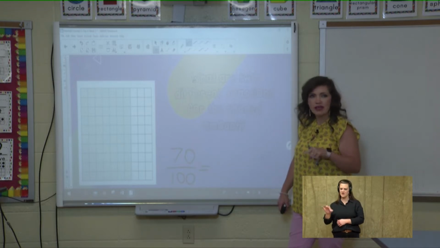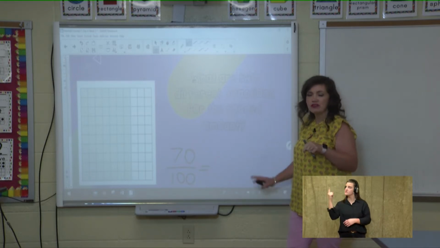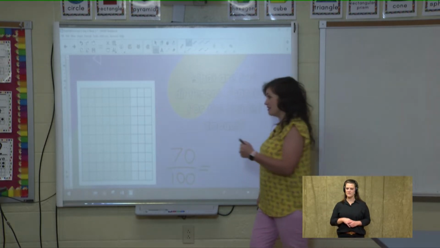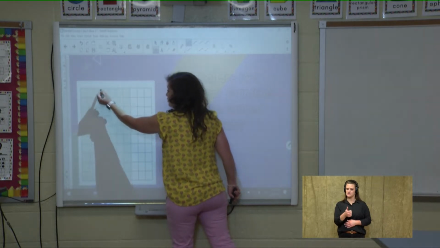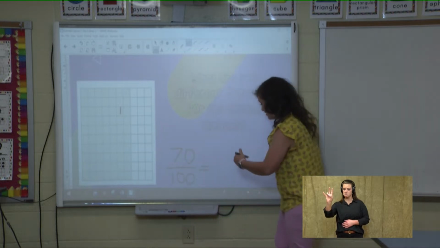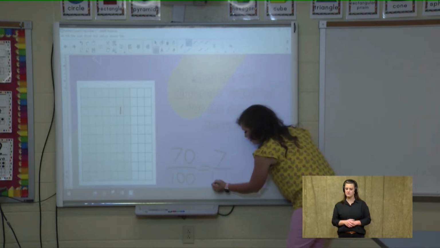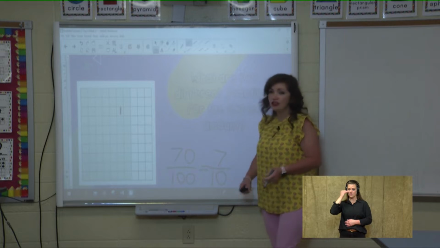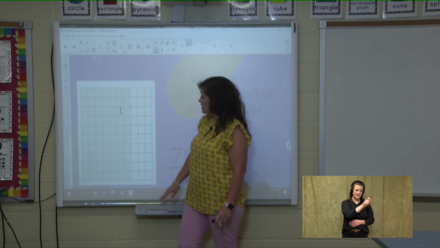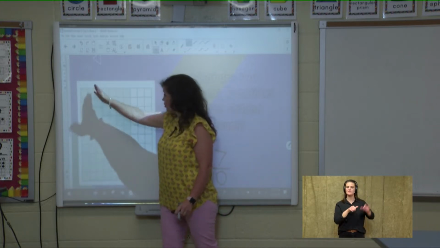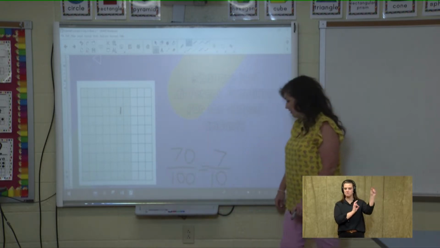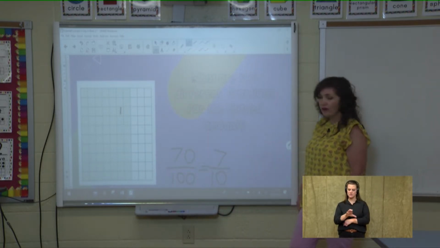If you're watching with somebody, tell them what an equivalent fraction with a denominator of 10 would be. Did you get 7 tenths? 1, 2, 3, 4, 5, 6, 7 tenths. We know that 70 hundredths, 70 of these little hundred tiles, are the same as 7 rows of 10 hundredths. So 70 hundredths and 7 tenths are equivalent.